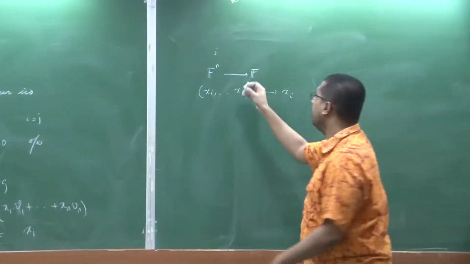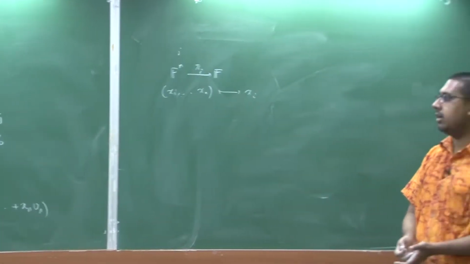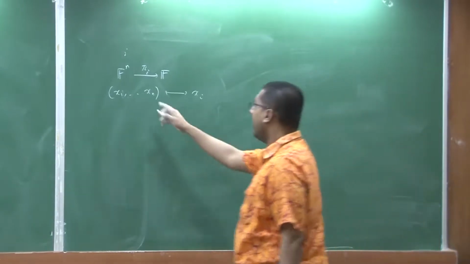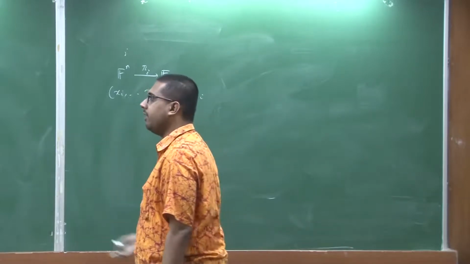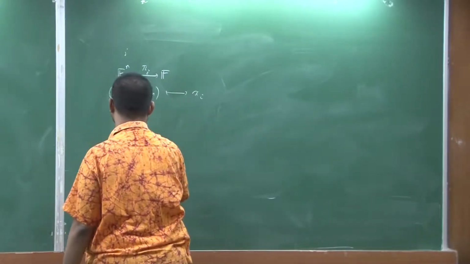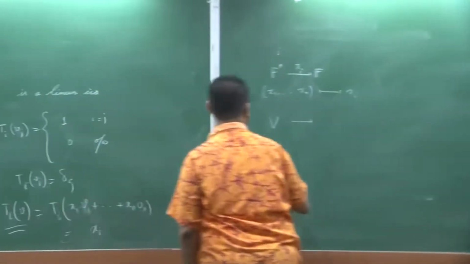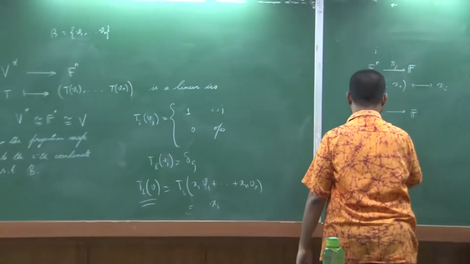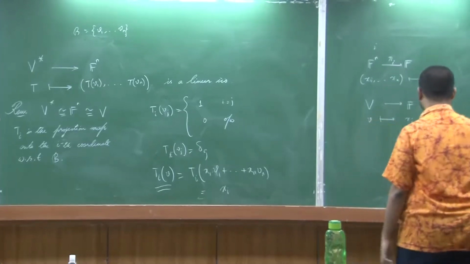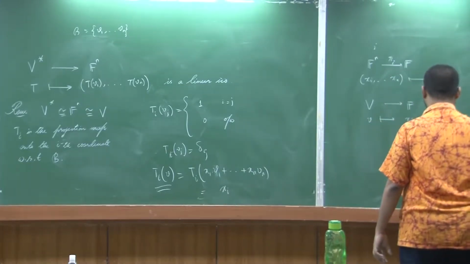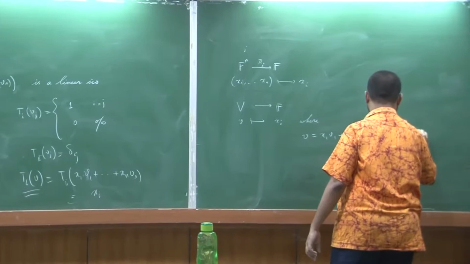That is a linear functional which we called the projection onto the ith coordinate, and we can generalize that to any finite dimensional vector space V. If V has dimension n, then choosing an ordered basis B, we can send each vector v to its corresponding ith coordinate, where v is x1 V1 plus ... plus xn Vn, okay.